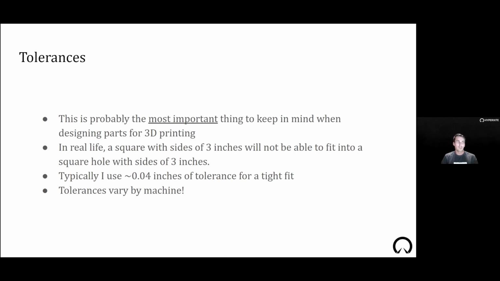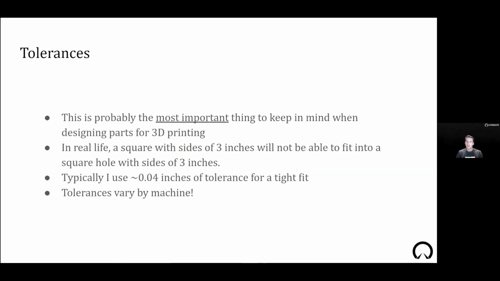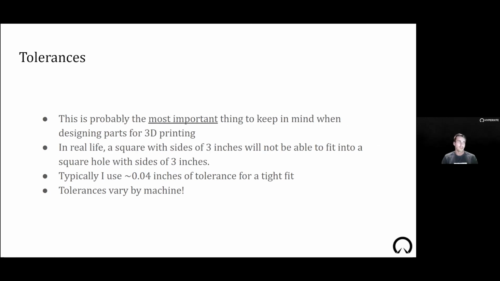But like I said, that does vary by machine. And so I would recommend once you get a 3D printer or begin working with a 3D printer, to get some sample prints, and determine how much bigger the completely cooled 3D printed model is compared to your SolidWorks model or whatever CAD software you're using.